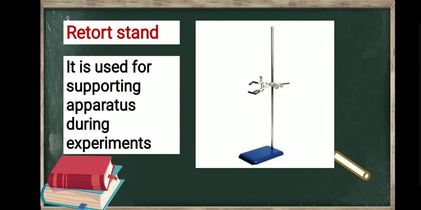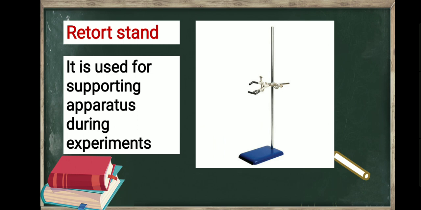The next one is the retort stand. It is used for supporting apparatus during experiments. For example, in the process of filtration, we have to take our filter funnel and beaker at the same time. It's very difficult for us to handle the filter funnel, the mixture that we are pouring inside it, and the flask in which it will go.